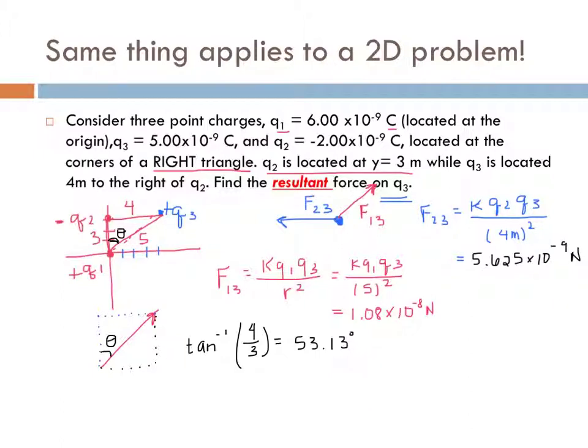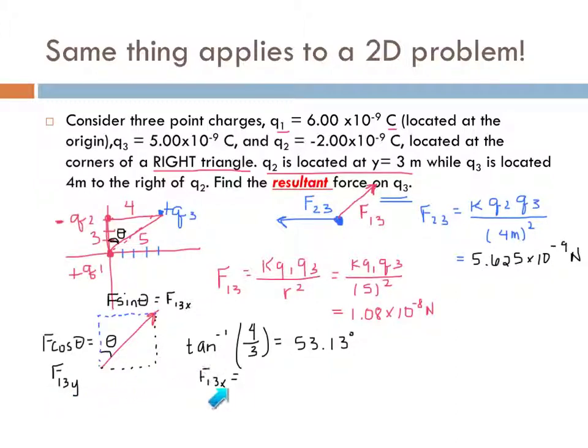So in order to find the component of the force in the x and y direction, we need to use F sine theta. This is sine because it is opposite. And we need to use cosine over here. Now this will be force 1,3 in the x. This will be force 1,3 in the y.